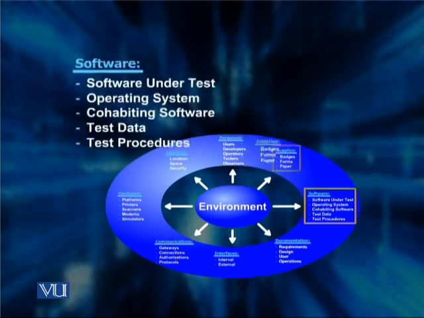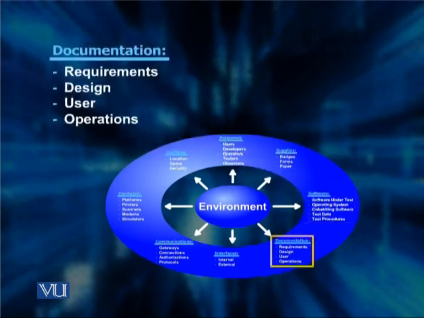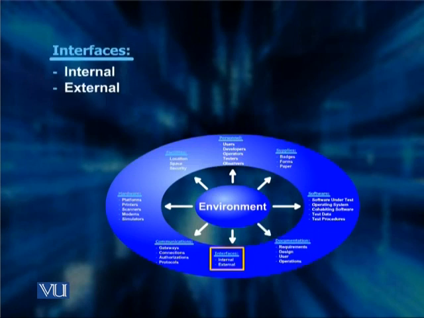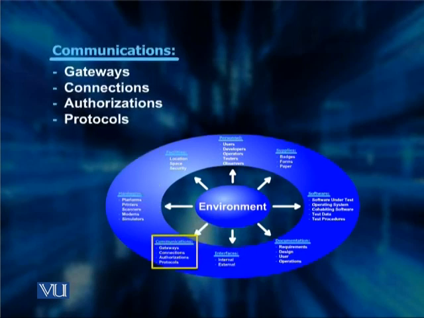Then you have under software, you have software under test, you have operating system, you have cohabiting software that exists on the hardware, you have test data, you have test procedures. Then you have documentation, requirements, design, user documentation, and operations. Under interfaces, you have some internal interfaces and external interfaces. Under communication, you have gateways, connections, authorizations, and protocols.